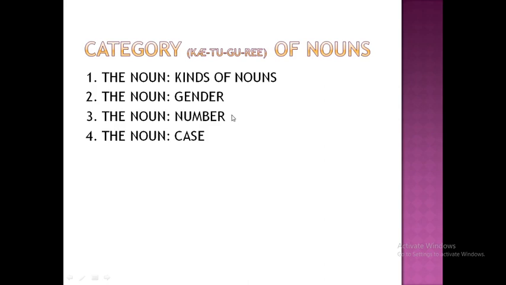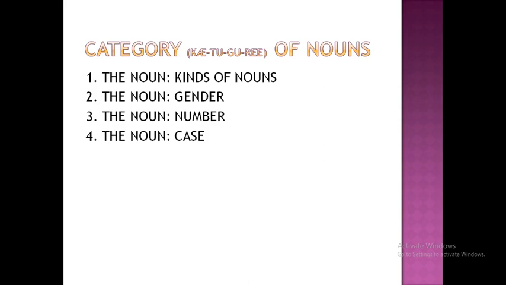What is number? When we refer to some objects, some things as singular or plural. When we have only one mobile in our hand, we refer to it as one mobile. But when I have two or three or many mobiles lying on my table, I will say mobiles.